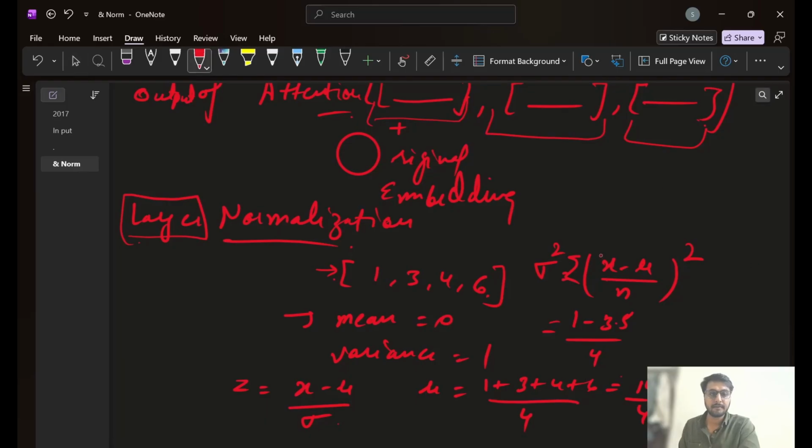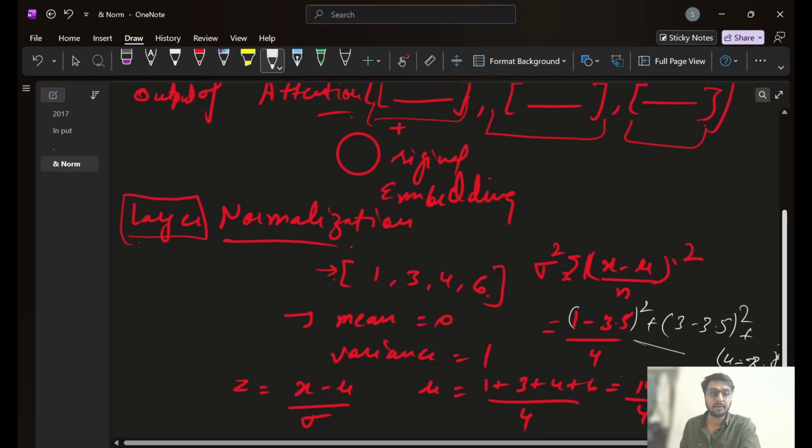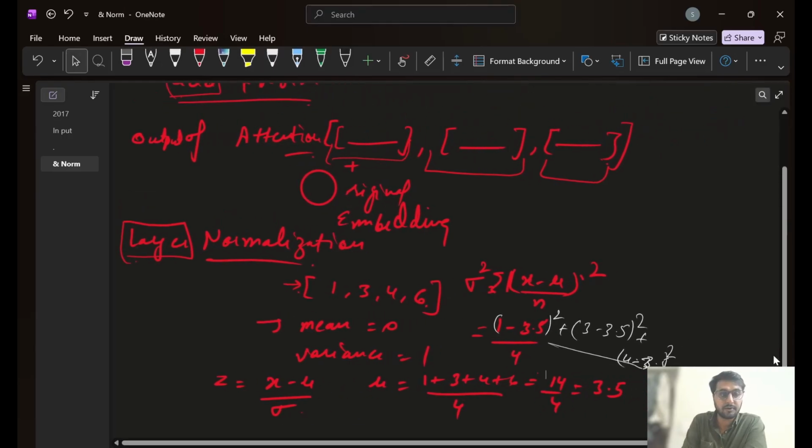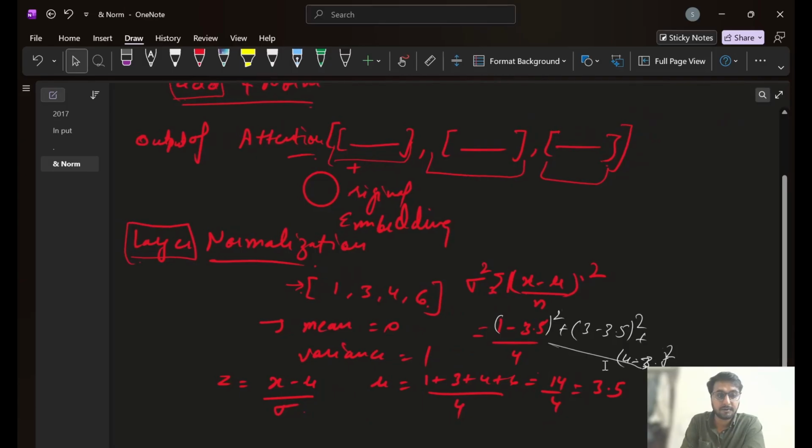Okay, so this is like this. 3 minus 3.5 whole square plus 4 minus 3.5 whole square. So I hope you can do the basic math now.